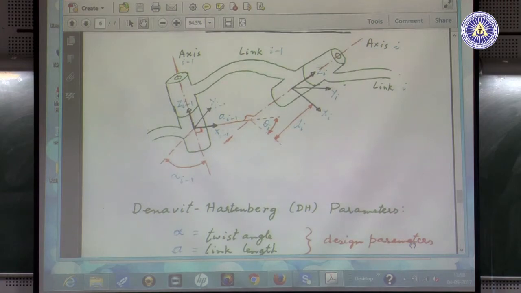Rotate first, no problem. So, leave a copy of this frame of reference here, and the other copy you turn about its z axis through an angle such that this becomes parallel to this, the x axes become parallel. That angle is actually this angle. You see, parallel to this I have drawn one along this red, and between these two the angle is alpha i minus 1.